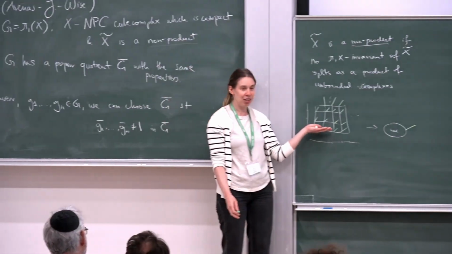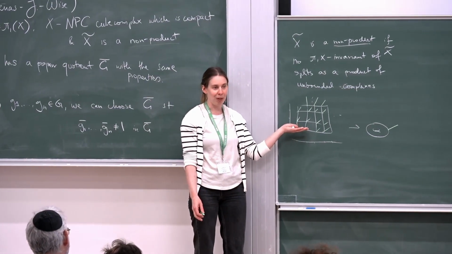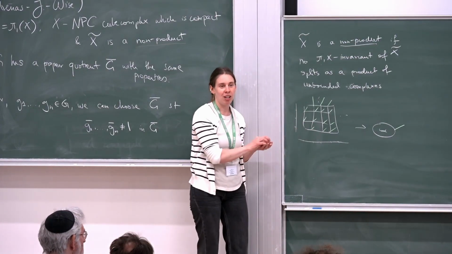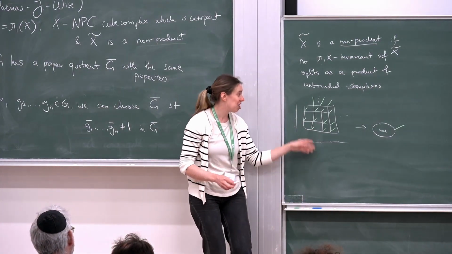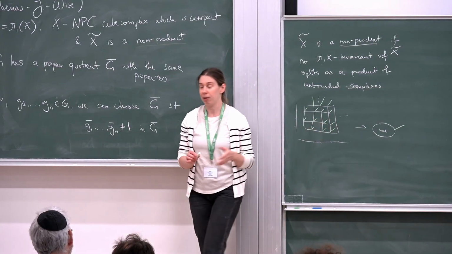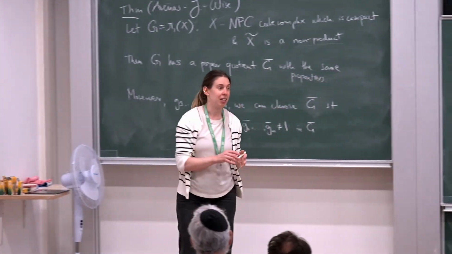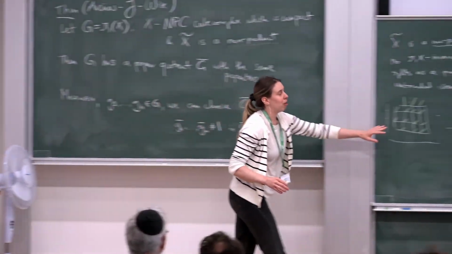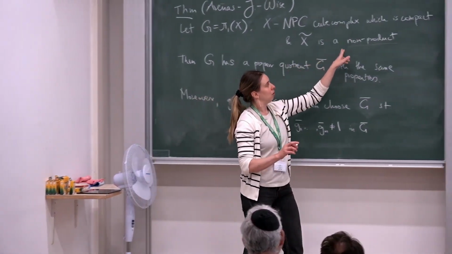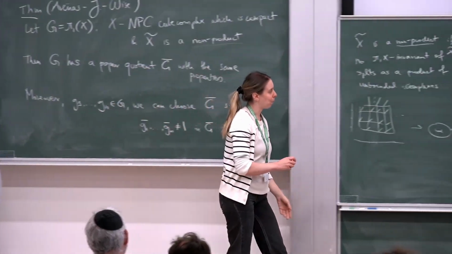This is not a product anymore, this cube complex, but it is morally a product, so I want to exclude this kind of example as well, because of course this doesn't change anything about the fundamental group of this space. So it's a stupid way of making the universal cover not a product. So this is also what's going to be excluded when I say a non-product here.